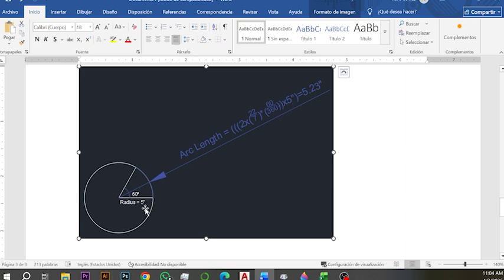Because we have a radius of 5, the arc length, or the distance from right here to right here, is 5.23 inches. So that's the amount of fabric or paper that you would need in order to decorate or cover up that part of the table.